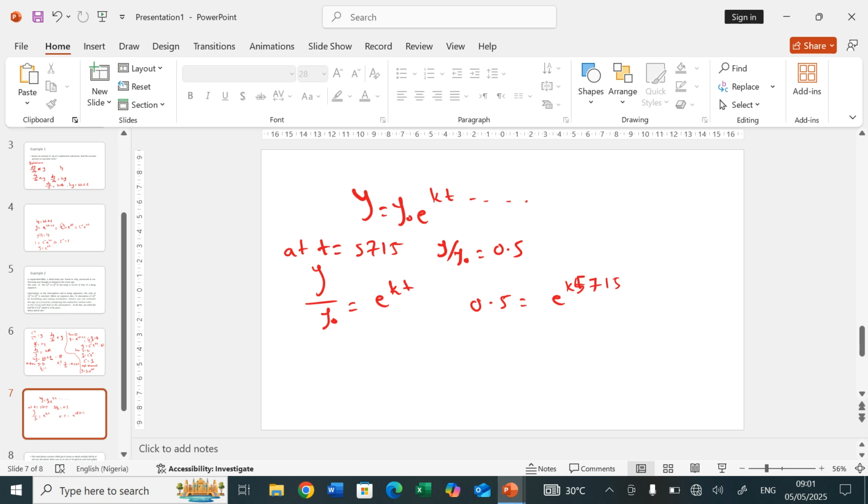To get K, we say 5715K equals ln 0.5, so K is equal to ln 0.5 divided by 5715. That gives us K equals minus 0.0001213. I hope that is clear.